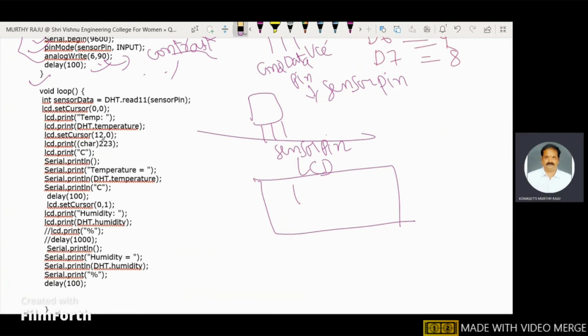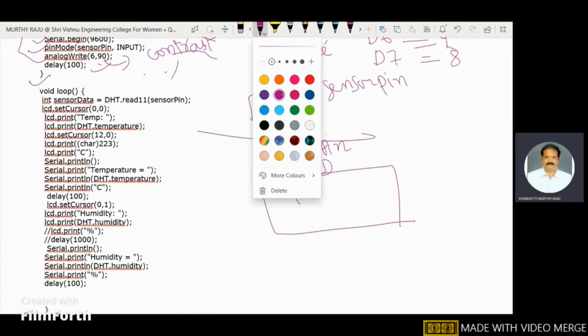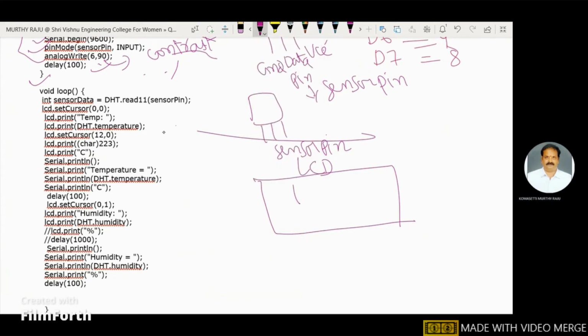LCD.setCursor 12,0 means the 12th column and first row. LCD.print character 223 means the degree symbol.